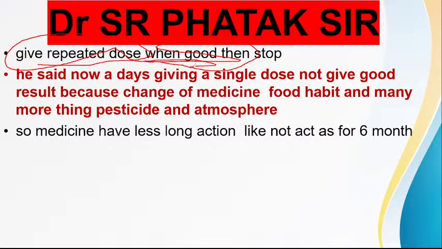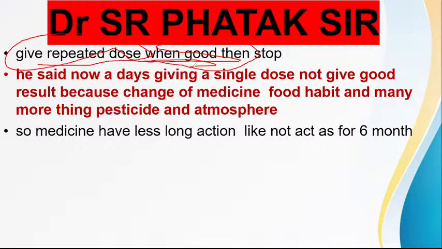We cannot give a single potency and the patient says, yeah, I'm good for 6 months. Obviously some patients do occur, some patients have seen this type of result, but mostly they need frequent repetition, or a single potency is exhausted in 1 or 2 months. But in previous times, the medicine's action lasted for 4 months, 6 months.